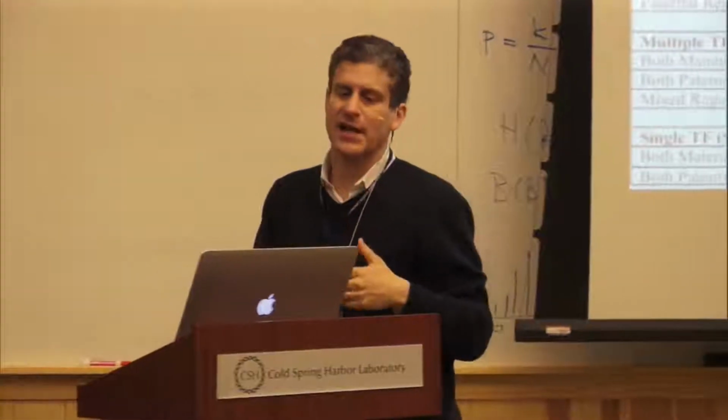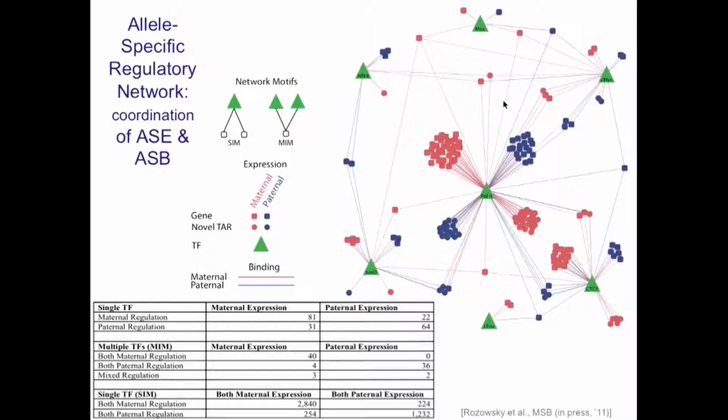And then I can ask, if I have a factor and it regulates this gene, mostly red is maternal, blue is paternal. If it regulates a gene mostly maternally, is the gene mostly transcribed maternally or paternally? So I color the nodes by whether they have ASE. So the lines are ASB, the nodes are ASE.